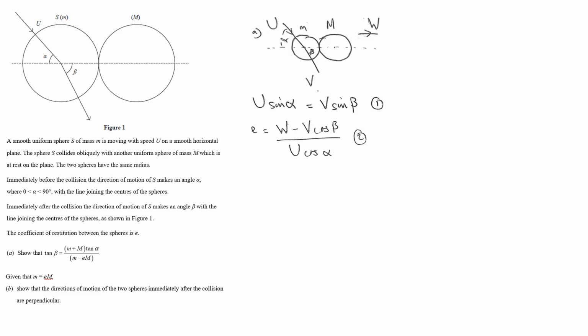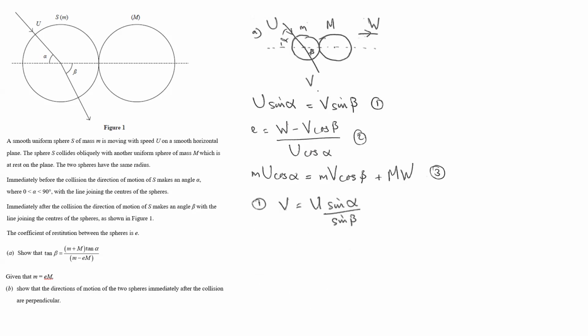Anyway, so that's the two equations. What have I done there? I've used conservation of linear momentum, which applies along the line of the collision. Just using those components of the velocity. I call that equation 3.